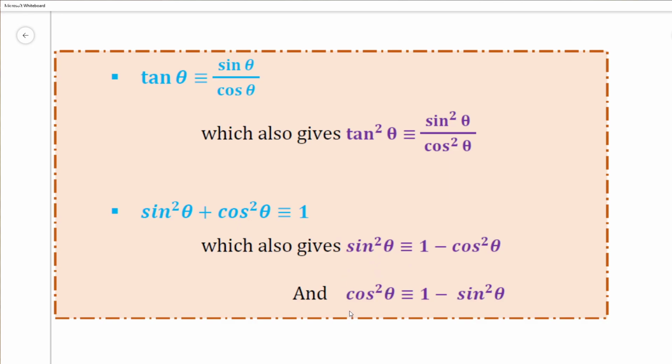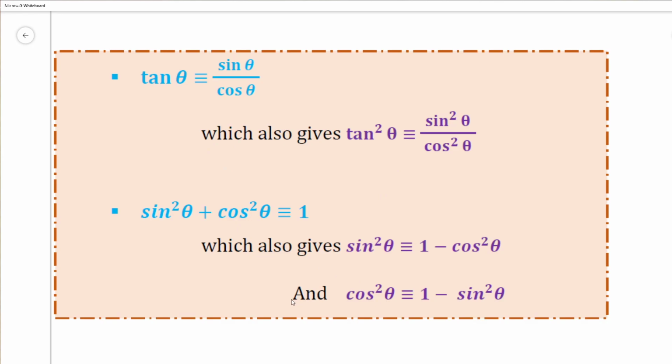And we saw in our examples how these can be used to prove our identities. And the process of proving an identity is to show that one side of the identity can be expressed as the other side, and we are going to use these fundamental identities to show our proof.